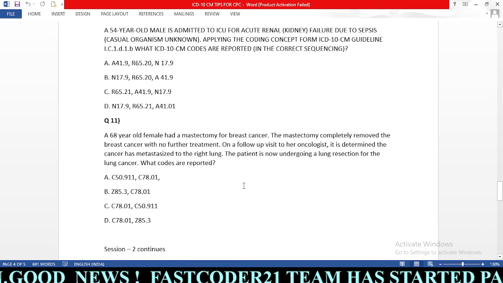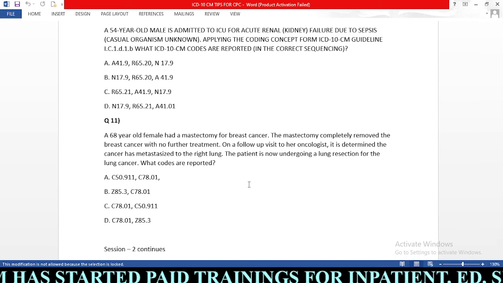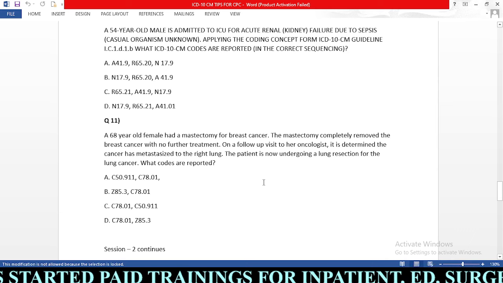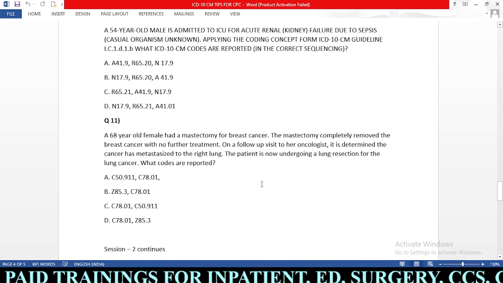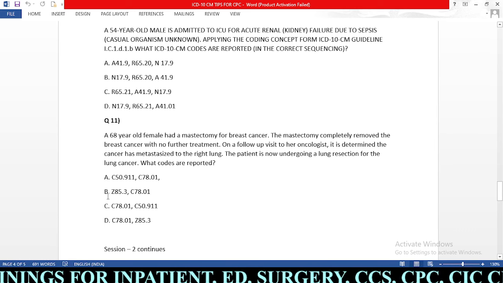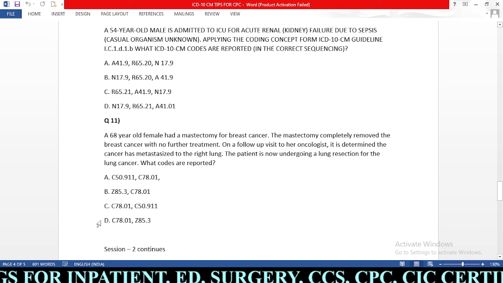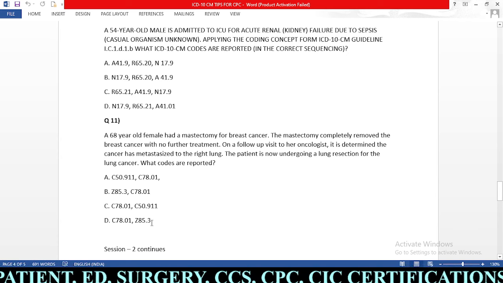So based on our guidelines, here the primary purpose of treatment is lung cancer. So based on ICD-10 CM guidelines, we need to code lung cancer as the PDX. So here our answer is D, C78.01 and Z85.3.